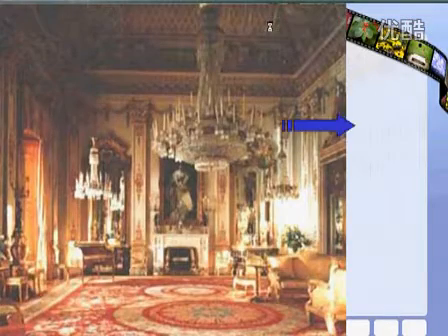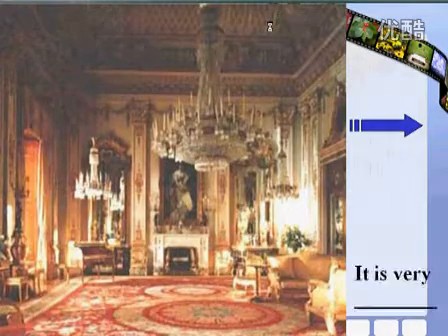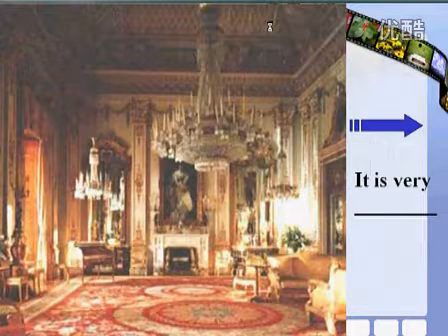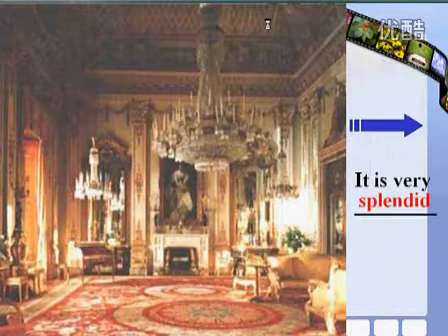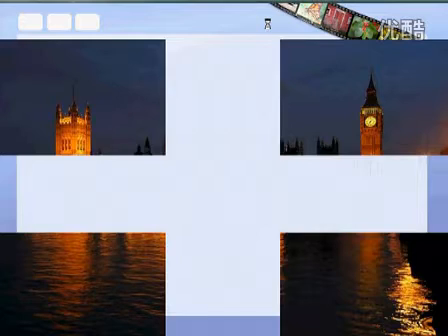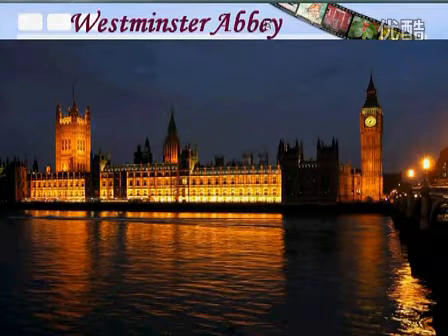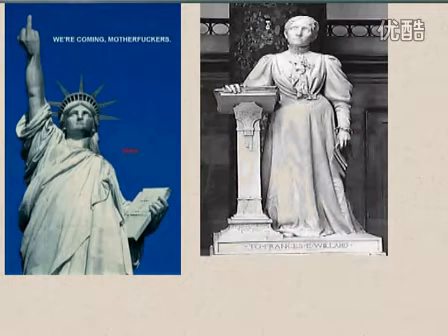Now look at this picture. We can use a word to describe this picture. Maybe it's very splendid. Maybe it's not clear. Some say maybe that it's not splendid, it's not dazzling. Now look at this picture. Maybe Westminster Abbey. Now look at this picture.